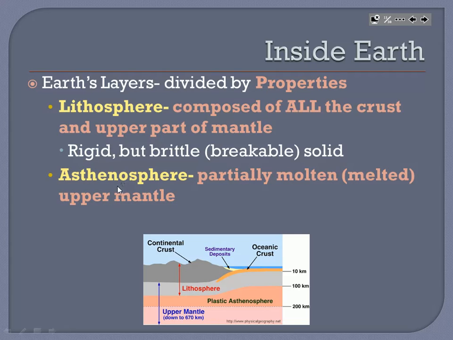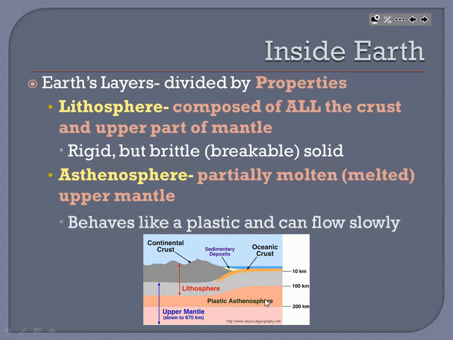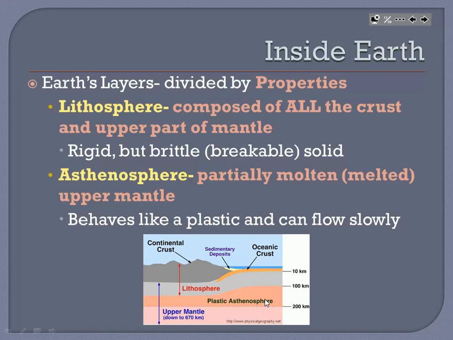The asthenosphere, that's how we say it, is partially molten, which means melted, upper mantle. So again, still part of the upper mantle, and that is this piece right here. It lies just below the lithosphere and has more of a plastic type of property to it.